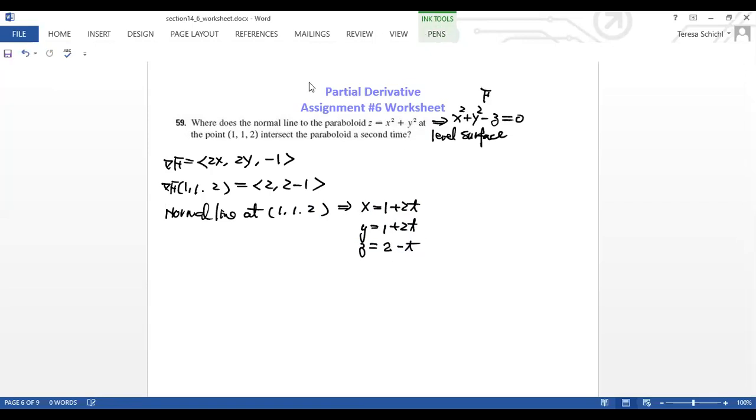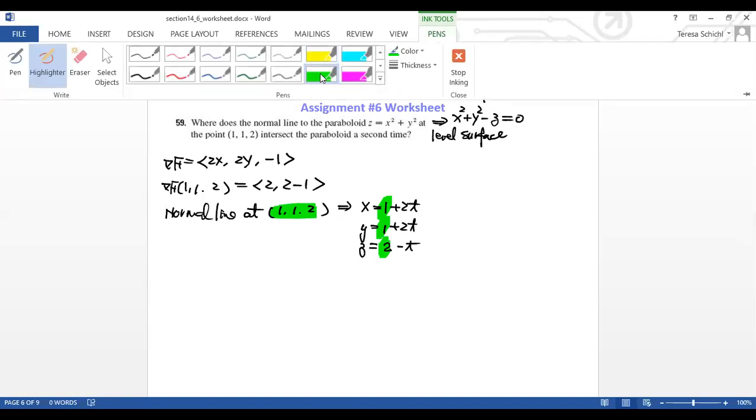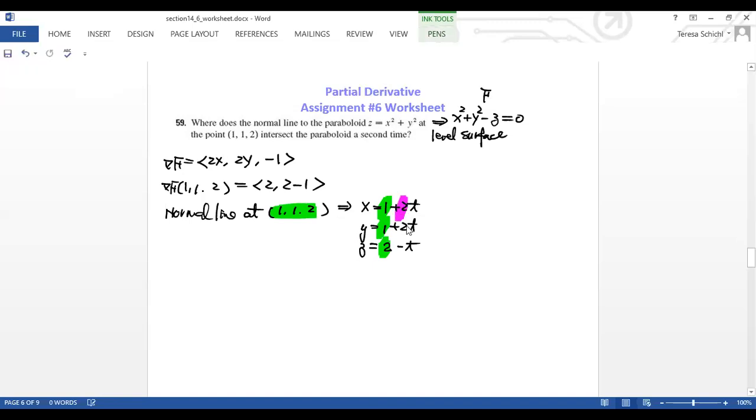Remember, that's the line's definition. The point it passes through is (1, 1, 2), and the line needs a direction, so the direction is (2, 2, negative 1). So that's my line here.